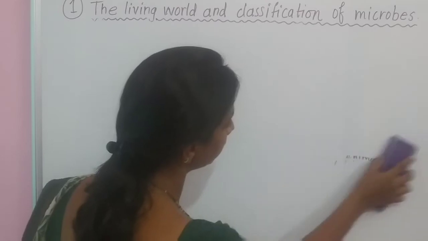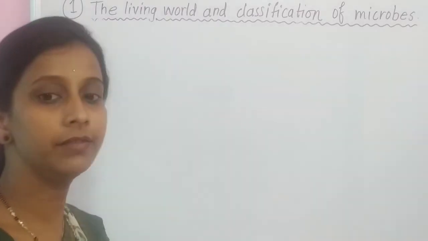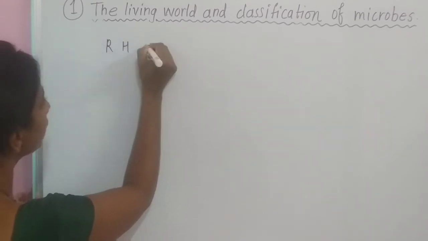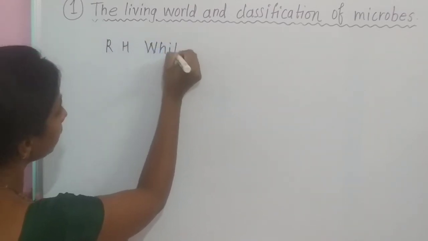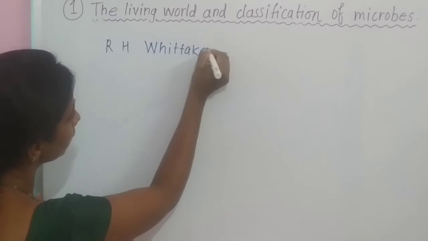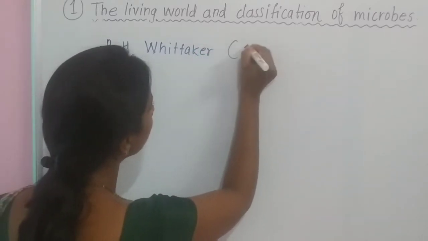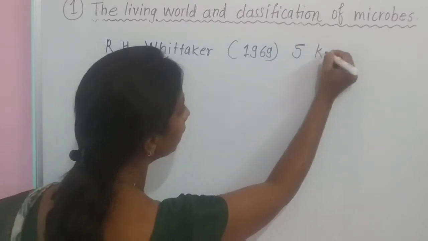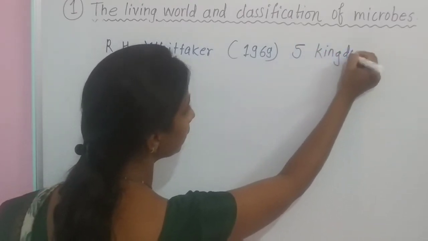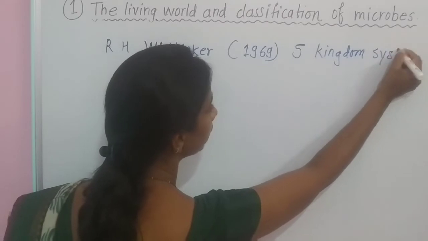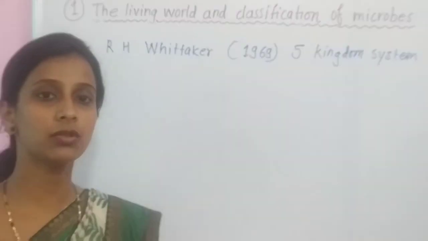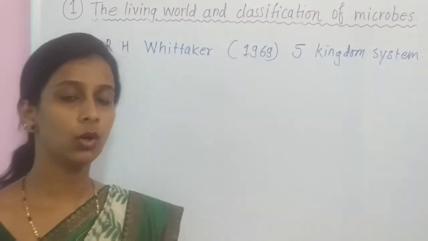R.H. Whittaker, that is Robert Whittaker, was an American ecologist who in 1969 invented the five kingdom system for the classification of living organisms.